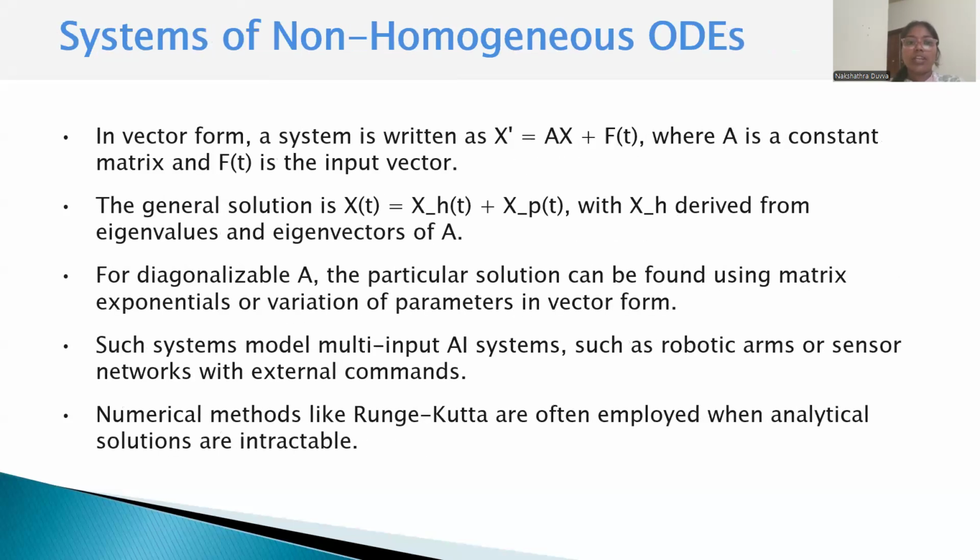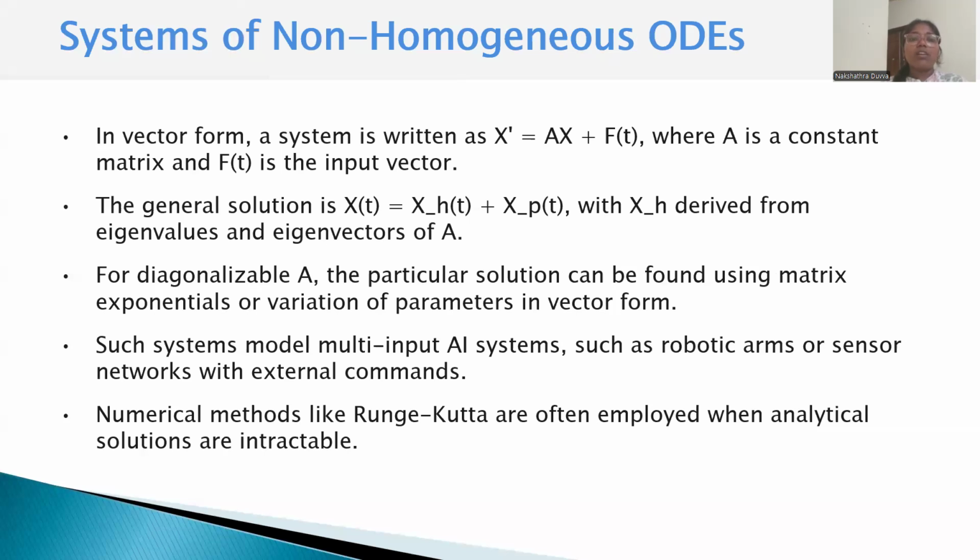Systems of non-homogeneous ODEs. In vector form, a system is written as dx by dt equals Ax plus f of t, where A is a coefficient matrix and f of t is the input vector. The general solution is x of t equals x_h of t plus x_p of t, with x_h derived from eigenvalues and eigenvectors of A. For diagonalizable A, the particular solution can be found using matrix exponential or variation of parameters in vector form.